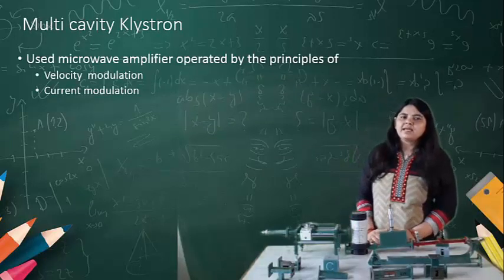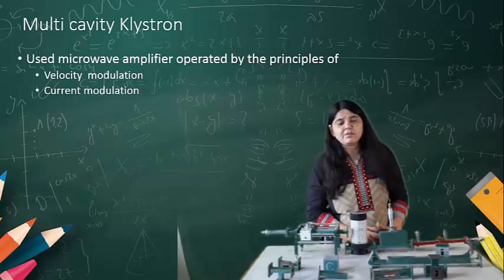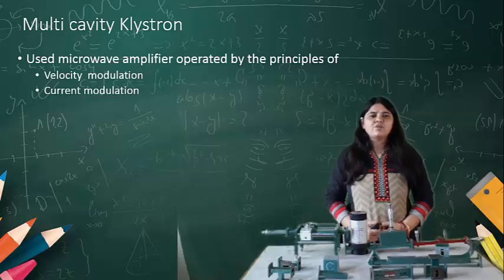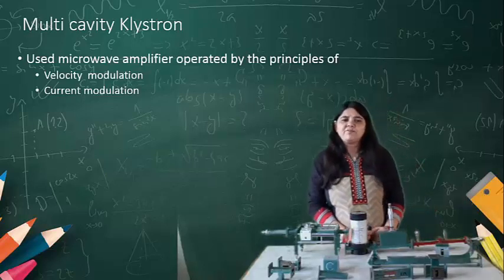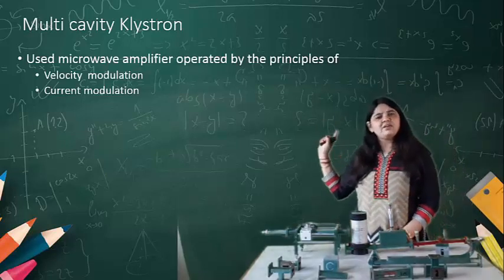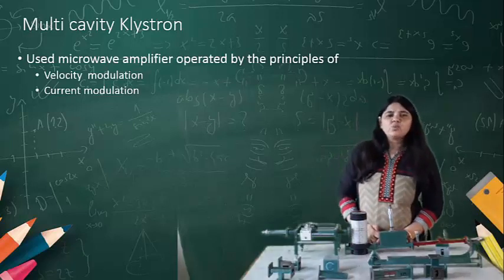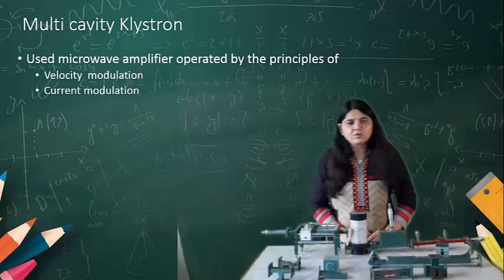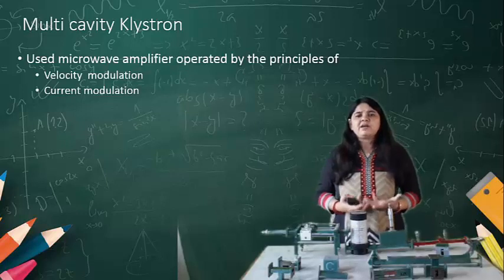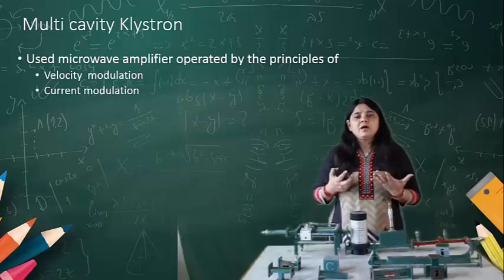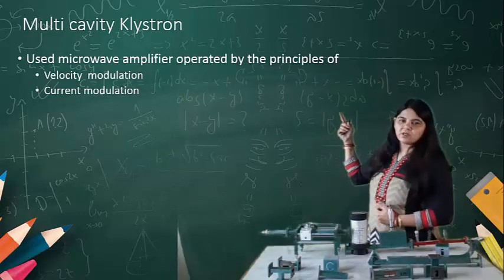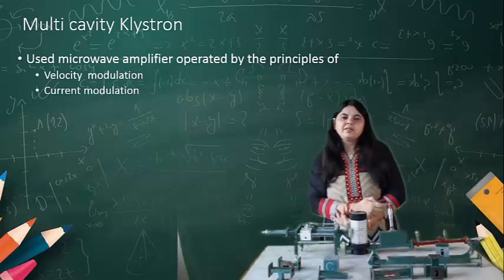Multi-cavity klystron means more than one cavity is there. It is a microwave amplifier operated on two principles: one is the velocity modulation and the other is the current modulation. As you know, earlier amplitude modulation and frequency modulation were used, but in the case of these tubes, the modulation can also be of a different type: velocity modulation and current modulation.